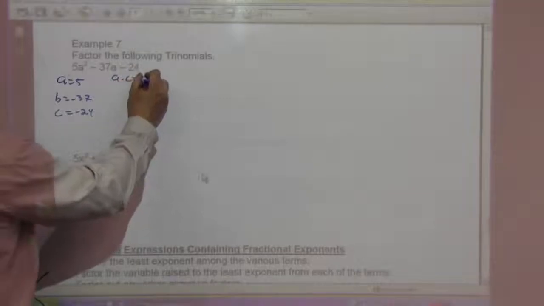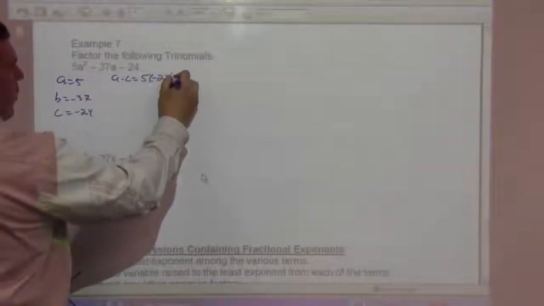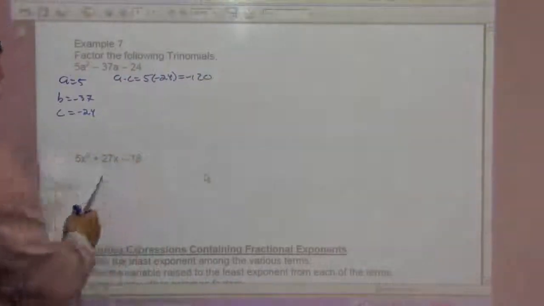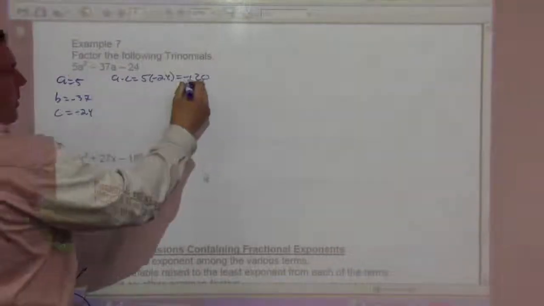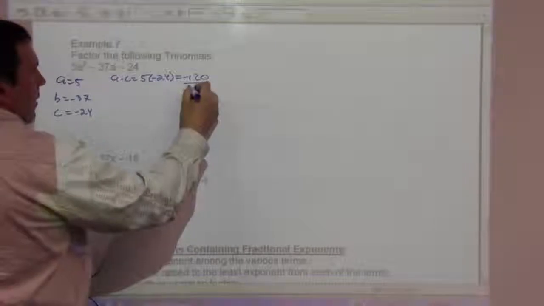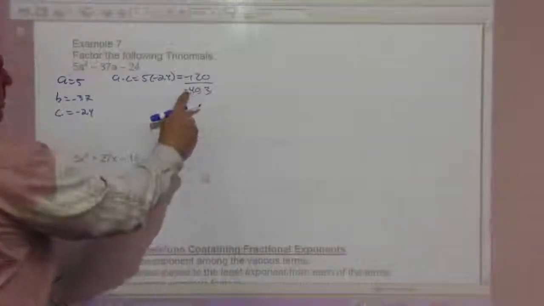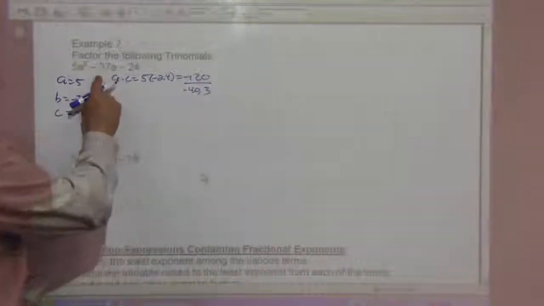A times c is going to be 5 times negative 24, which is negative 120. So we're going to look for factors of negative 120 that add to be negative 37. So negative 40 and 3 works. Negative 40 plus 3 is negative 37.